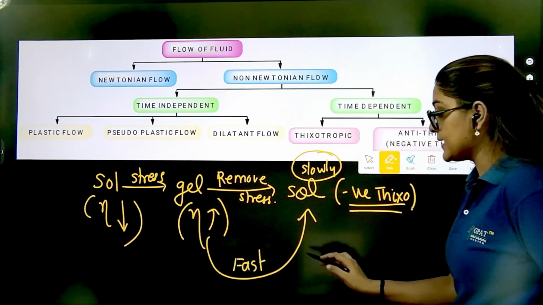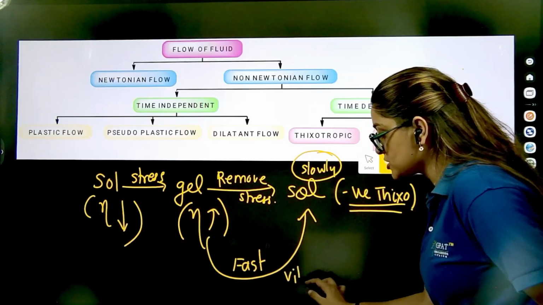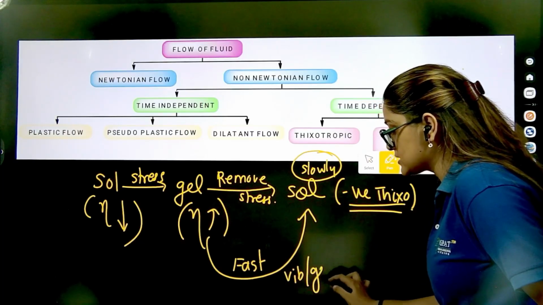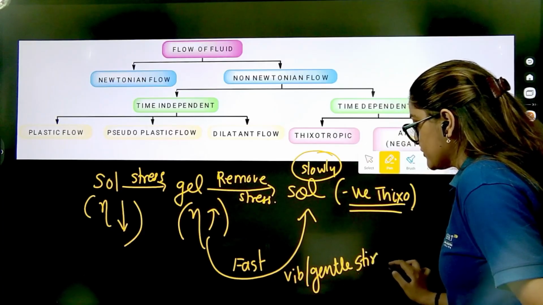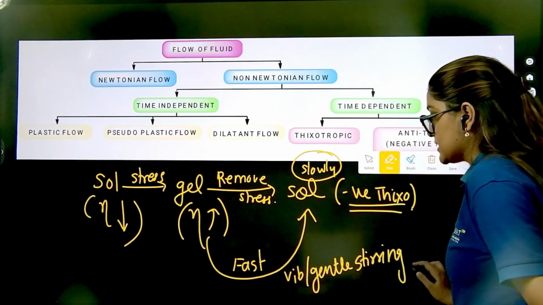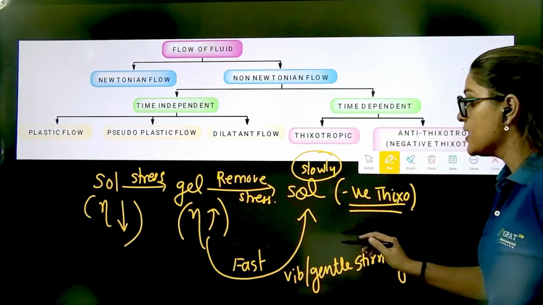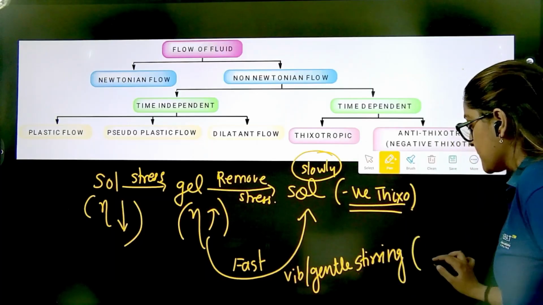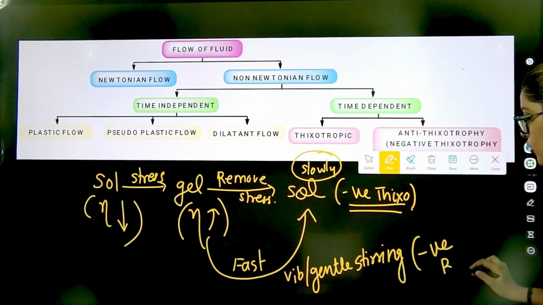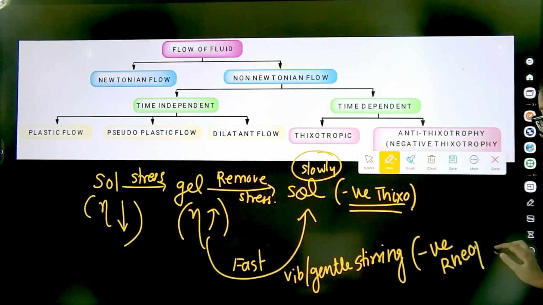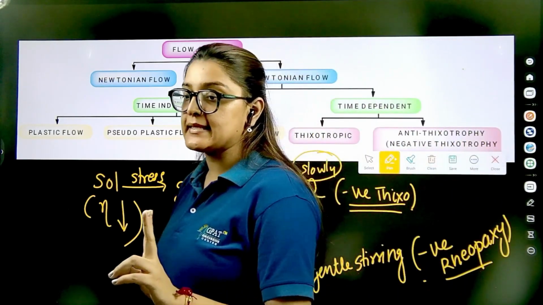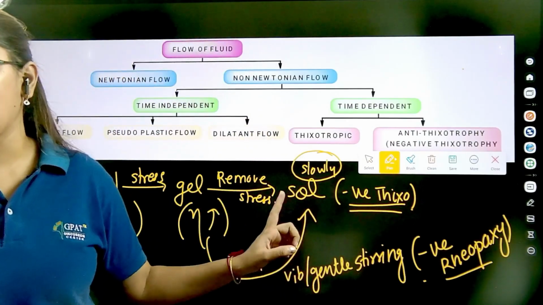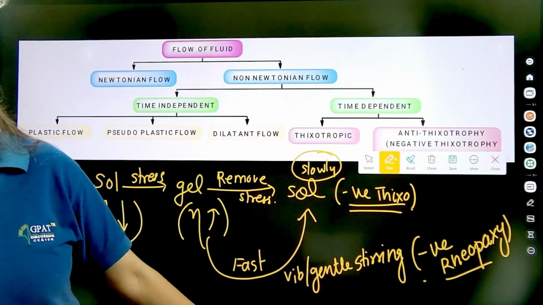By applying any additional vibration, any gentle stirring or shaking, which will convert it to the sol state quite faster. Now this will be termed as negative rheopexy. Okay, so we have four phenomena that we have seen: thixotropy, rheopexy, negative thixotropy and negative rheopexy, right?